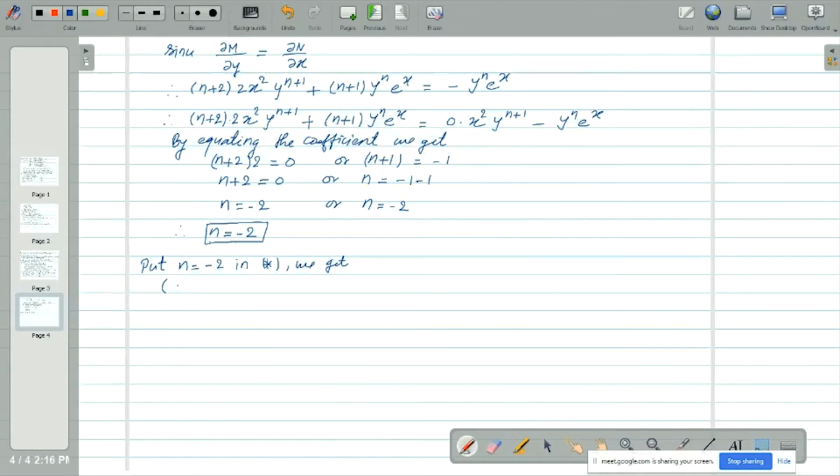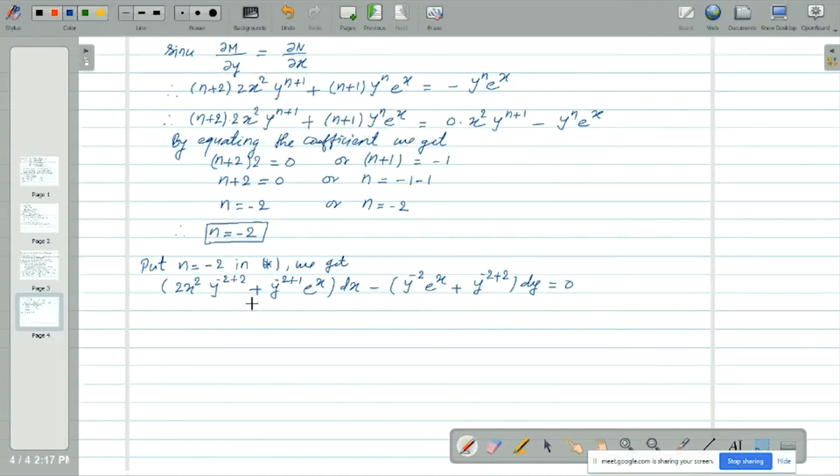This becomes 2x square y raised to minus 2 plus 2, and plus y raised to minus 2 plus 1 e raised to x dx, minus (y raised to minus 2 e raised to x plus y raised to minus 2 plus 2) dy equals 0.